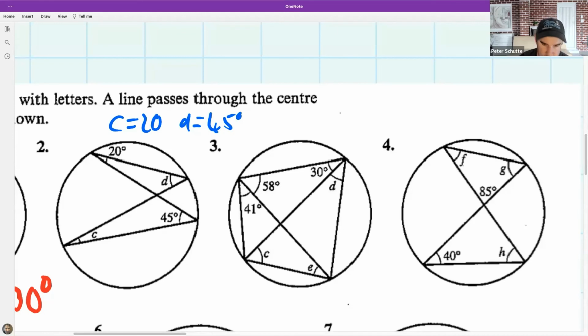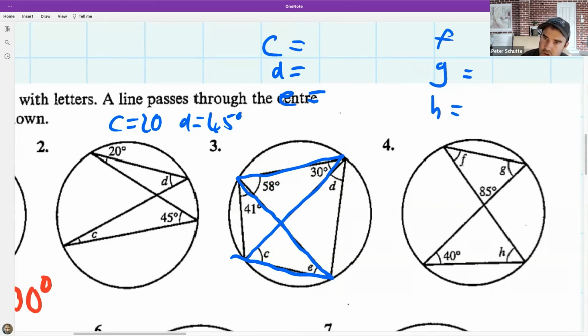In number 3, you have a normal cyclic quad with everything that you know about cyclic quads, and then you also have your butterfly shape. How can you bring those two worlds together? You need to find C, D, and E. For question 4, you need to find F, G, and H.